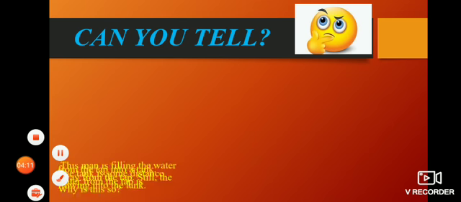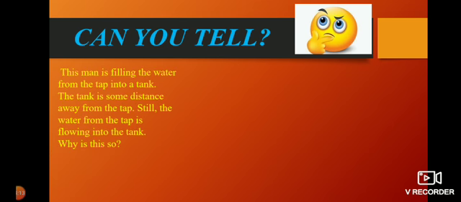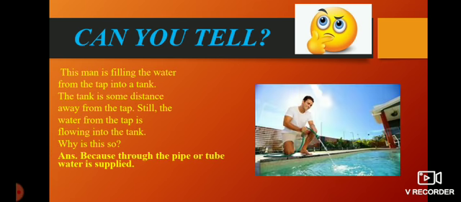Next point, can you tell me, this man is filling water from the tap into a tank. The tank is some distance away from the tap. Still the water from the tap is flowing into the tank.